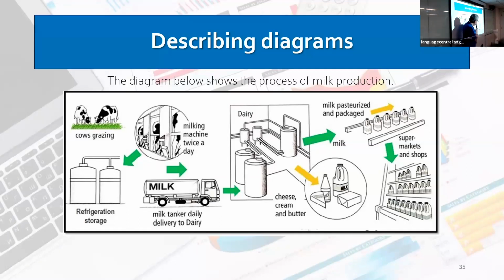The milk can either be made in the form of cheese, cream, and butter, or be packaged and sent to supermarkets and shops. So these are two alternative steps. Make sure in your information report you include these pieces of information in your description.